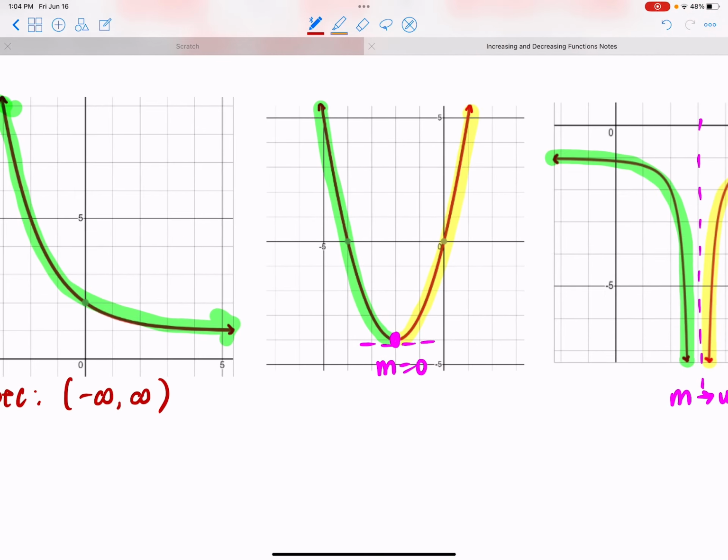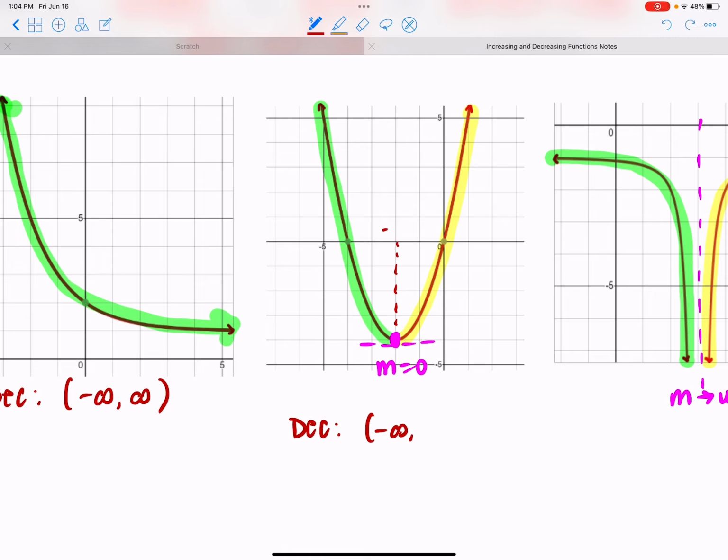Now here, where we have that turning point, we have that slope of 0, we have a disconnect between our intervals, and in fact we're changing from decreasing to increasing. So in this one we're going to say it's decreasing over the domain negative infinity up to, let's see, where is this x value? This appears to be an x value of negative 3.